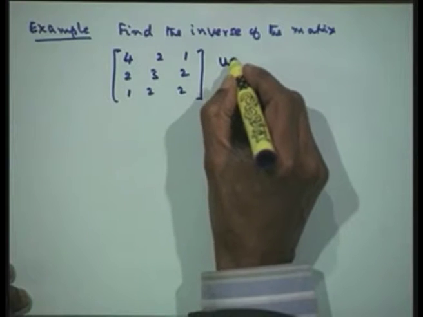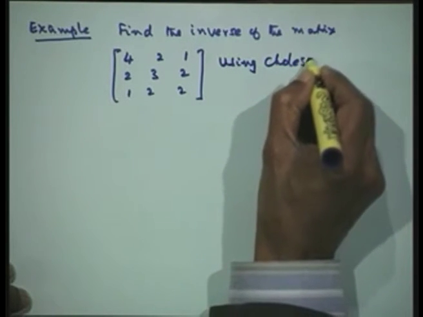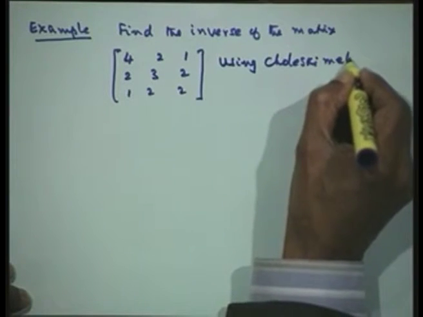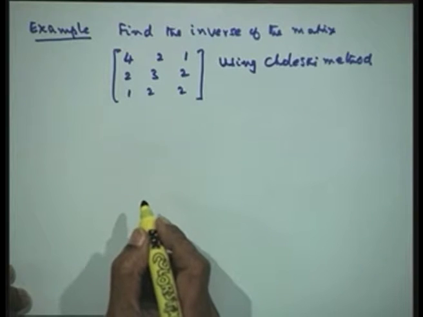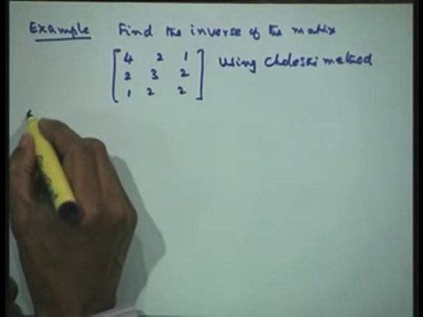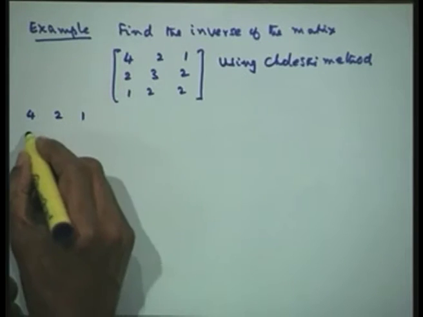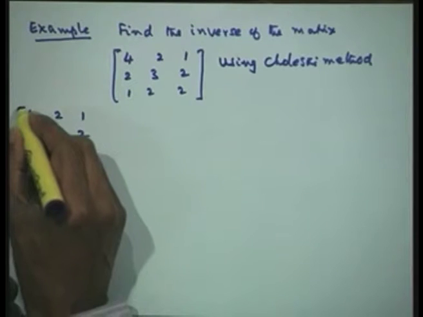Let us also write using the Cholesky method. So let us just write down the 3 by 3 matrix again, 4 2 1, 2 3 2, 1 2 2.